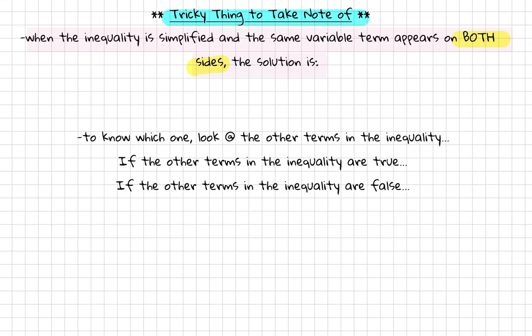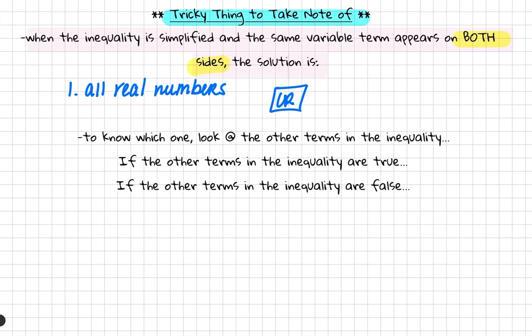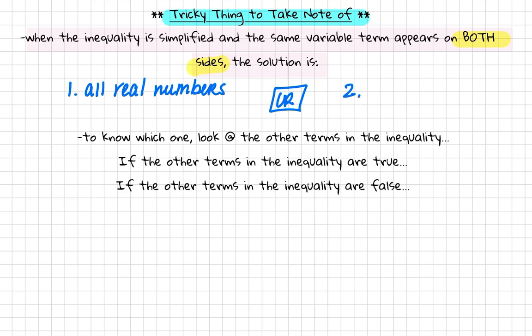The first one is that the solution is all real numbers, or the second option is there's going to be no solution.